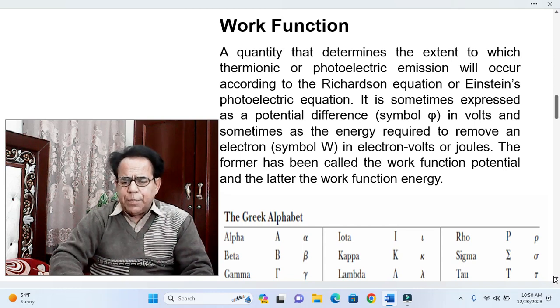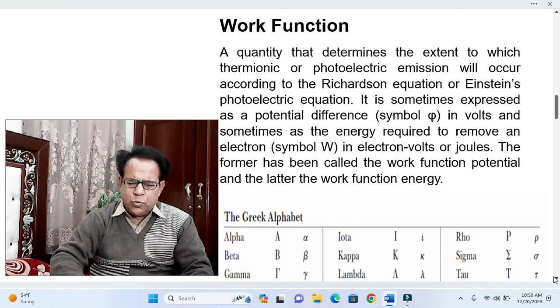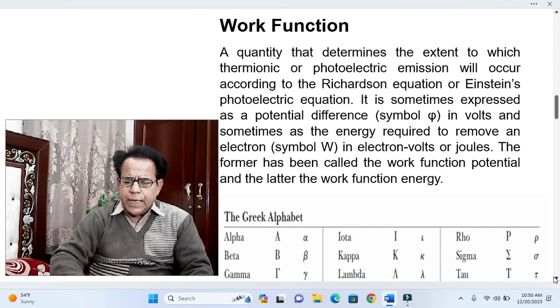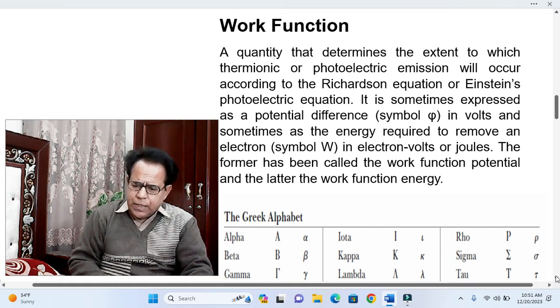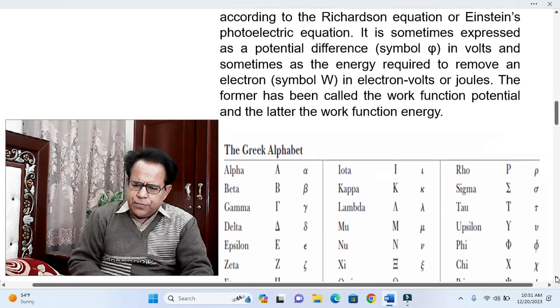It is sometimes expressed as a potential difference, symbol psi or phi, in volts, and sometimes as the energy required to remove an electron, symbol W, in electron volts or joules. The former has been called the work function potential and the latter the work function energy.